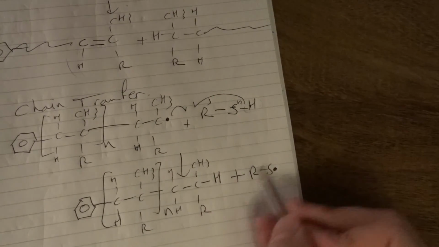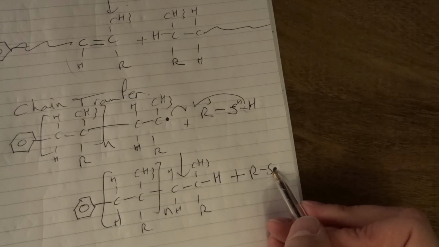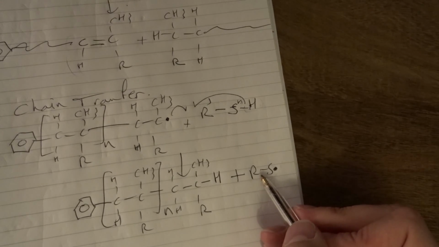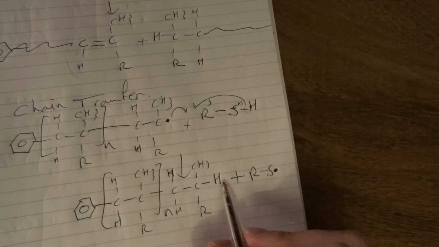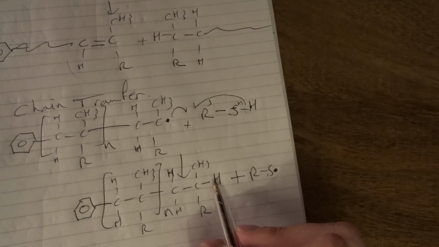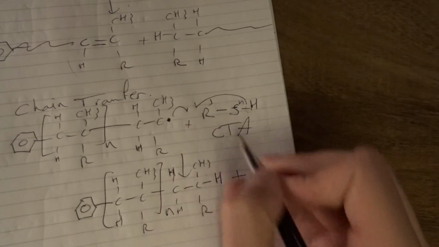And this can initiate a reaction again. So actually it doesn't influence the reaction speed at all, but only the chains will be shortened a little bit. So the molecular weight will not be as high as if we don't use the chain transfer agent. Okay.